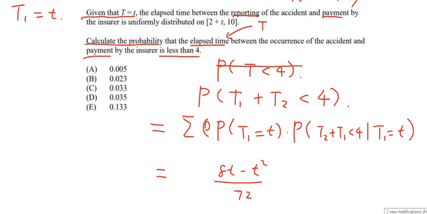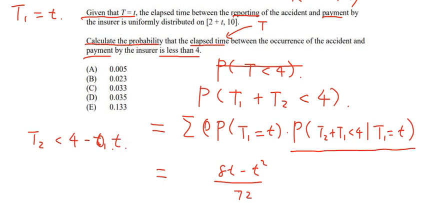Then what is this probability? Here T1 is fixed, T1 equals t. So this becomes T2 less than 4 minus T1, right? Here T1 is a constant, just t.